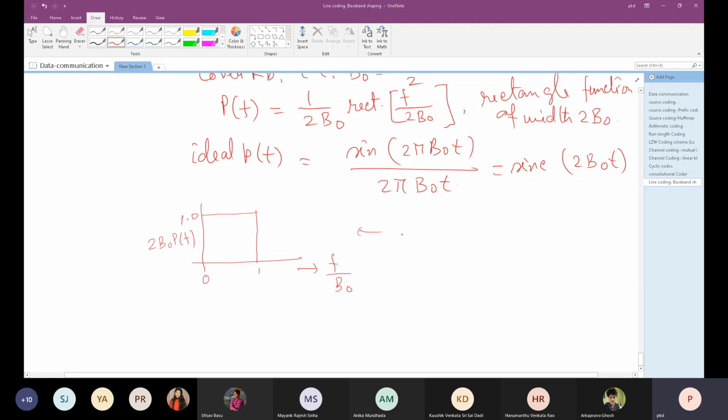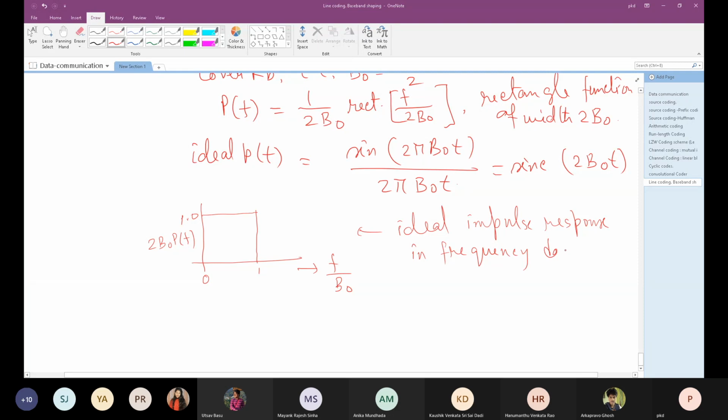So this is the ideal impulse response that is desired for having zero ISI, intersymbol interference, because this is perfectly compact within the prescribed bandwidth. So therefore there is no interference between the adjacent symbols.